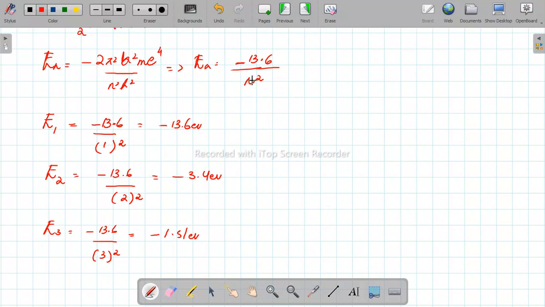Now that we've seen that minus 13.6 electron volt is the energy of the electron in the first orbit, that is the ground level, we can also rewrite this equation as En equals negative of the energy in the first orbit, which we represent with E1 here. In a few books, it is also represented as E naught, so you should just know what it represents. And then n square in the denominator.